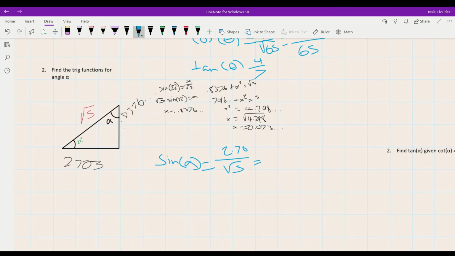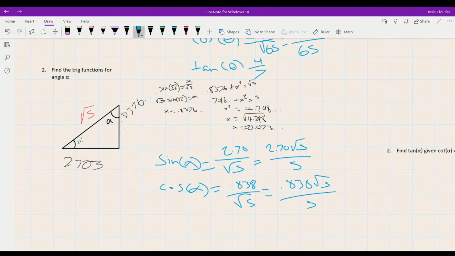Rationalize, 2.70 times square root 5 over 5. Cosine of alpha is equal to 0.838 over square root 5. We rationalize, 0.838 times square root 5 over 5. Tangent of alpha equals 2.70 over 0.838.